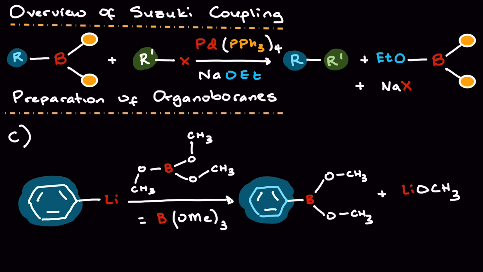You would end up with a displacement where that aryl group actually ends up on the boron species, and then one of your methoxy groups on your trimethyl borate now coordinates or is in an ionic interaction with the lithium. Okay, so we've seen how to essentially make a vinyl borane, an aryl borane, as well as an alkyl borane. And now we can use our species in the Suzuki coupling reaction.